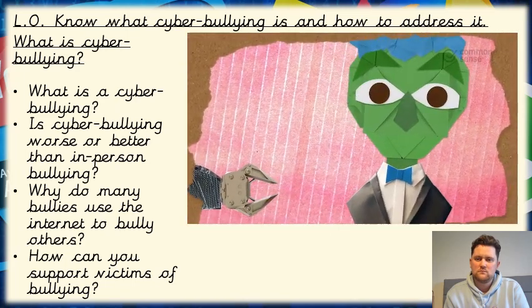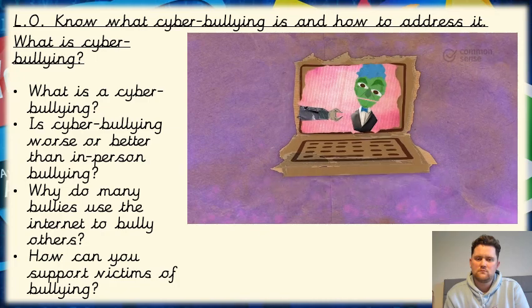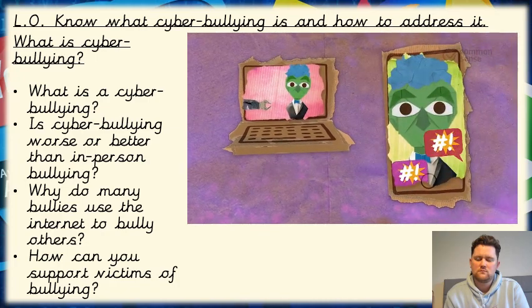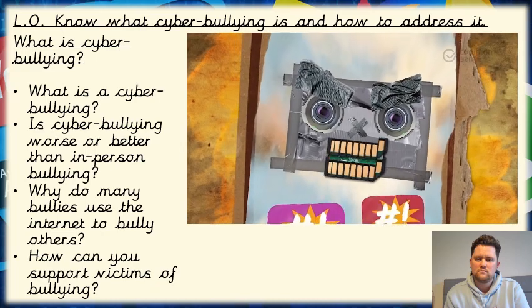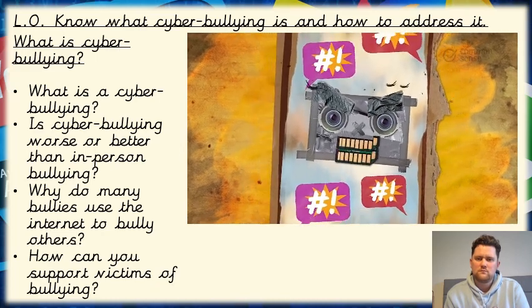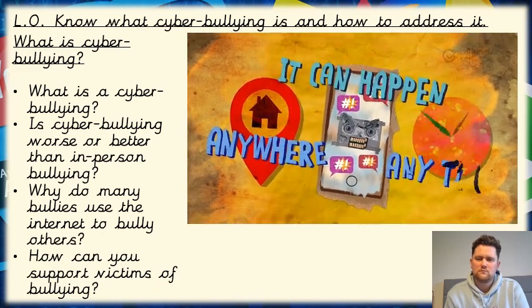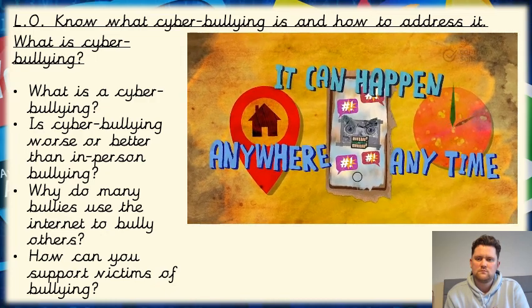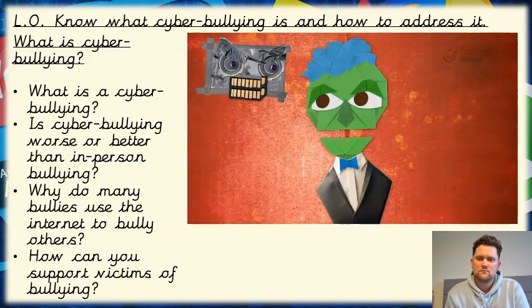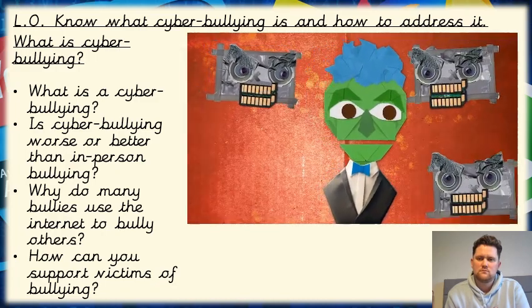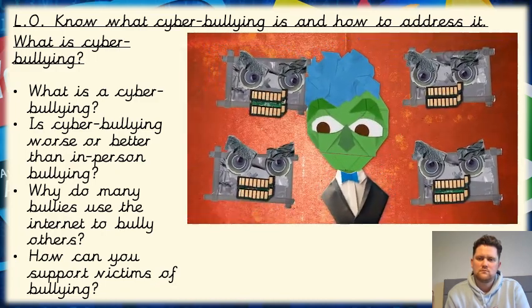Cyberbullying's like bullying, but it happens on the internet or on a device like your phone, which can make it kind of different. With cyberbullying, it can feel harder to escape because it can happen anywhere, anytime. Also, it's easier for cyberbullies to hide who they are. Plus, other people online could see what's happening and even gang up on someone.